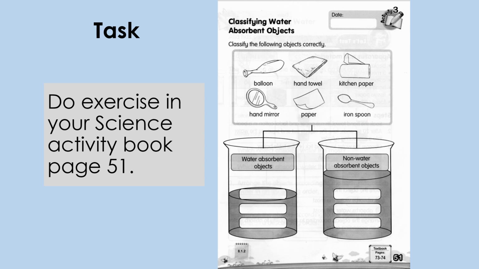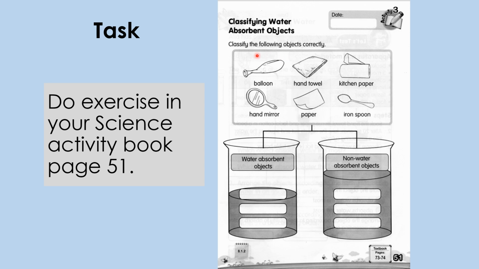Look at the classification, water absorbent objects. So you write all the water absorbent objects here, and non-water absorbent objects. You have to write all the non-water absorbent objects here. Find it from the picture above. Look at the balloon.